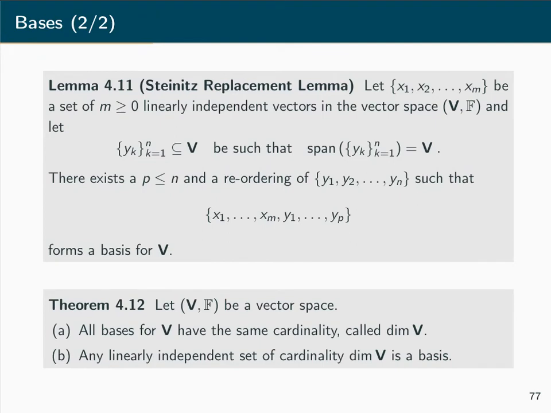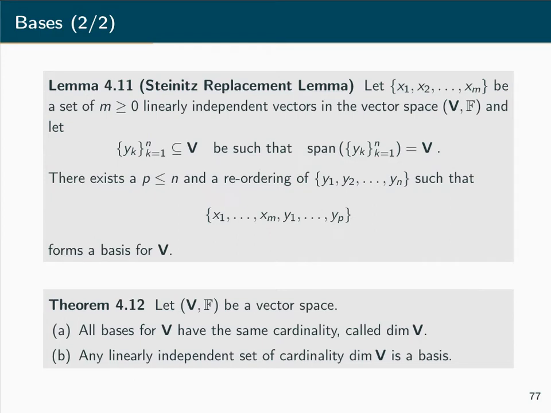With the Steinitz replacement lemma in place, we can finally proceed to our result of interest, which is Theorem 4.12. And it states the following: let V over the field F be a vector space.